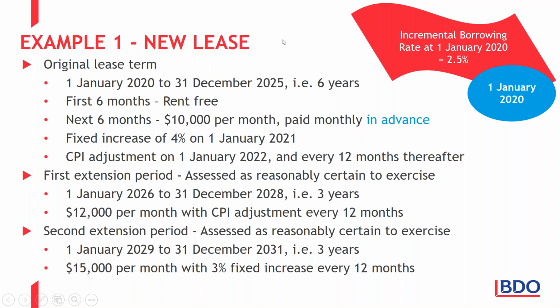What would we do with a new lease? Also, to avoid the issues around determining incremental borrowing rate, because we'll discuss that in March, I've said on the 1st of January 2020, when we enter into this new lease, the incremental borrowing rate is 2.5%.